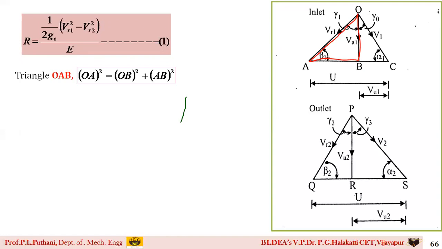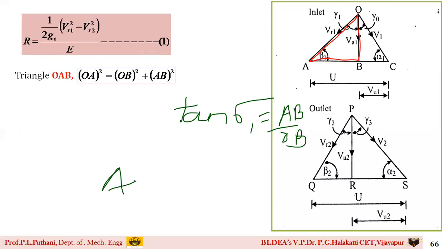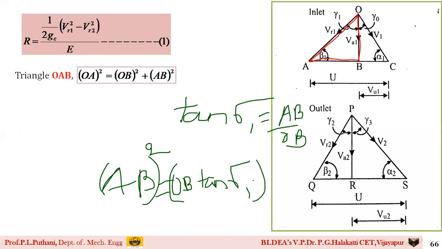So AB is nothing but, tan gamma 1 is equal to AB by OB, or AB is equal to OB into tan gamma 1. Here in the derivation it is AB square, and this is equal to OB square into tan square gamma 1.